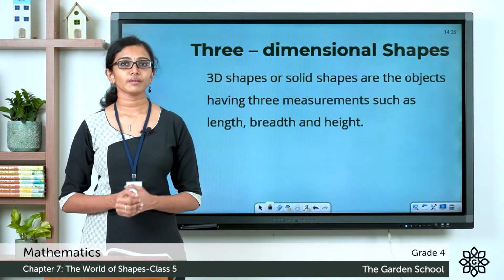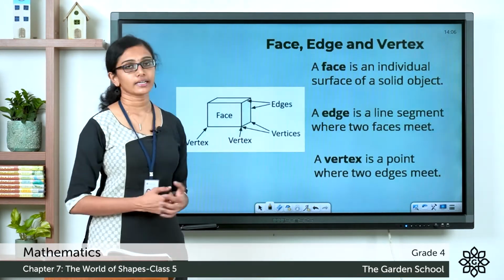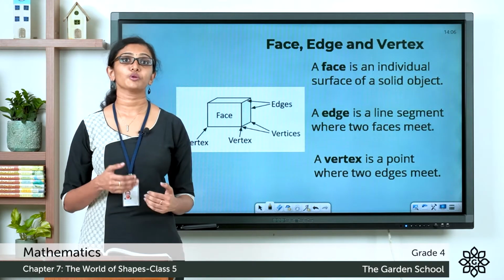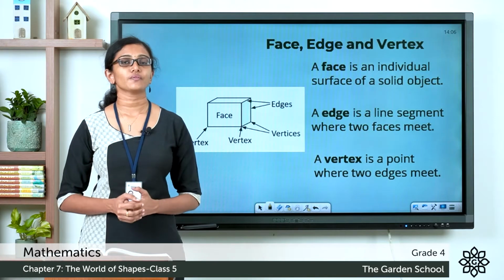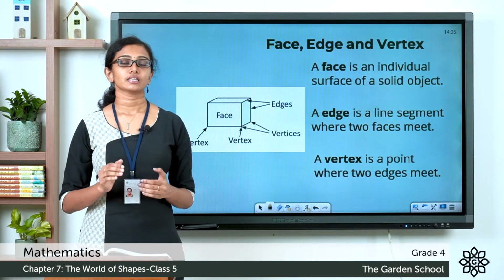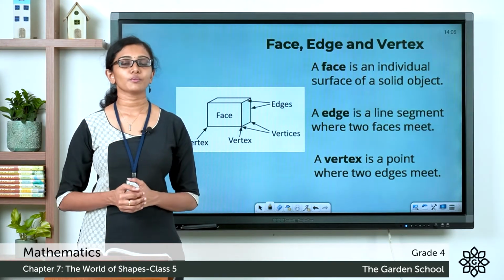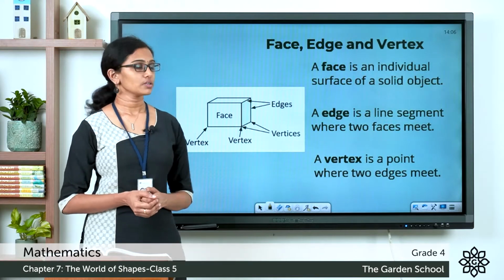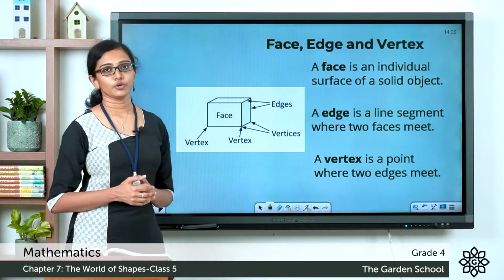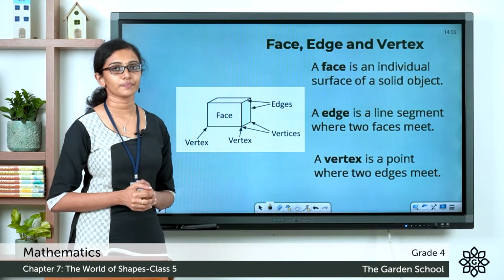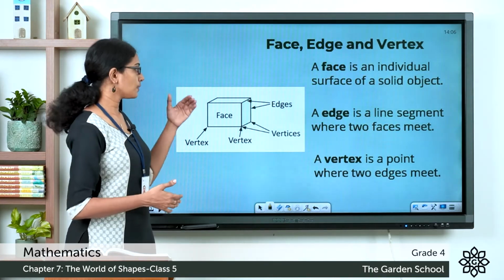And a solid shape may have a face, vertex and an edge. What do you mean by a face, vertex and an edge? Face of a 3D solid means the surface of the solid object that you are seeing. Here you can see an example. This is the picture of a cube, which is a solid shape. What do you see around the cube?